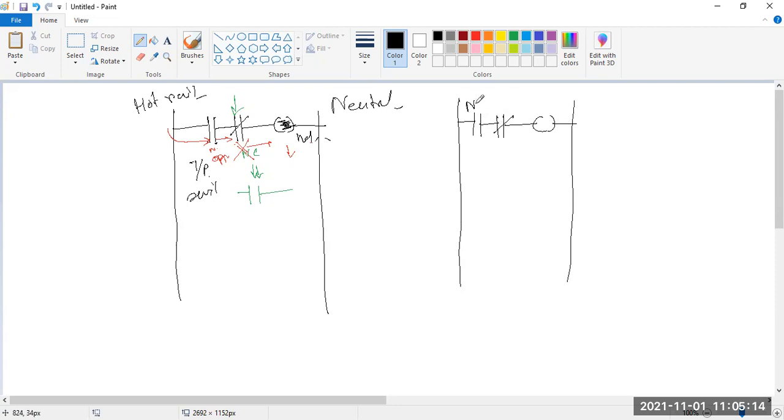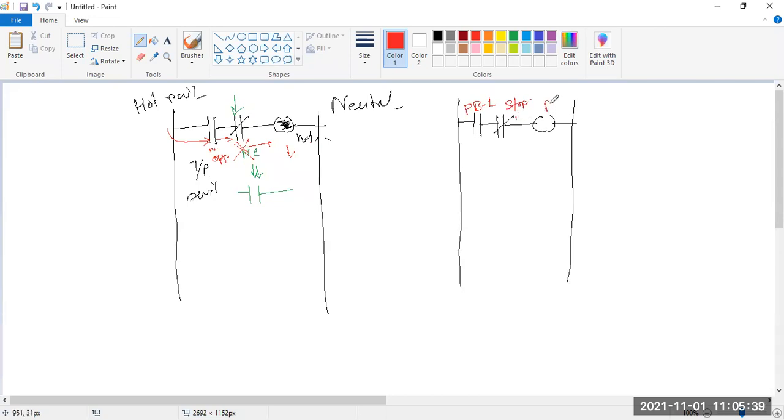So this is NO1, or you can see this is push button 1, that is PB1. That is stop button 1.